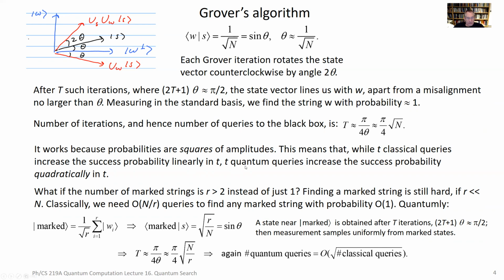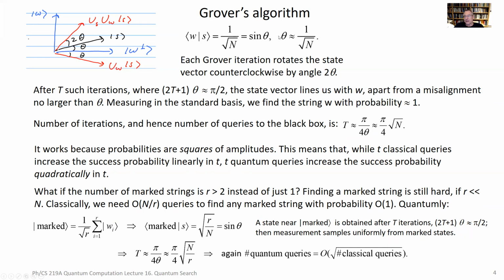The number of iterations that we need has to satisfy this condition. So T is going to be really big, and the 1 doesn't matter much. So I can say T should be chosen to be about pi over 4 divided by theta.